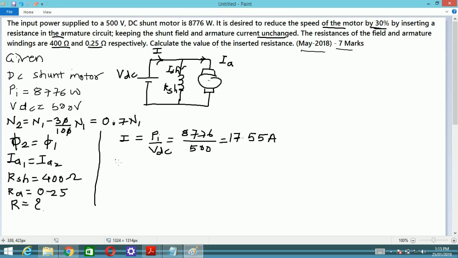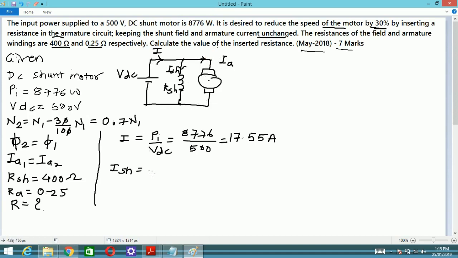Next, we have to find the shunt field current. It is not asked, but we need the current flowing through the shunt winding so that we can get the armature current. See here, my dear friends, the same applied voltage VDC is present across these terminals, with no decrease in voltage, as they are all in parallel.